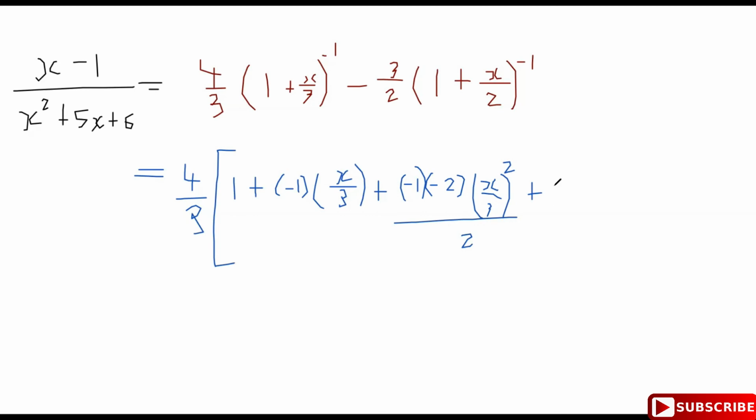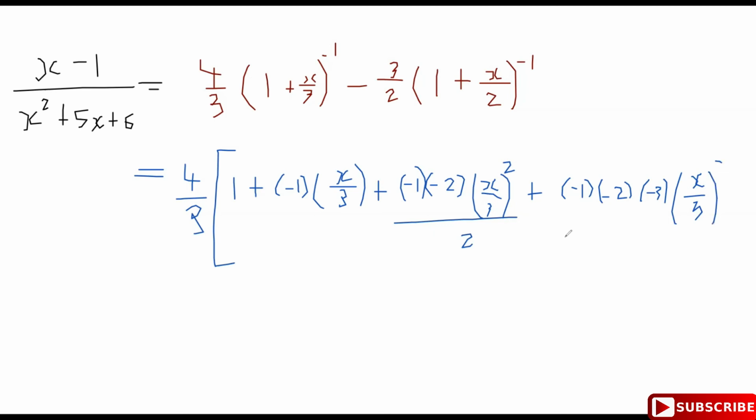n, which is minus 1, times (n minus 1), which is minus 2, times (n minus 2), which is minus 3, times (x over 3) all cubed, over 3 factorial.